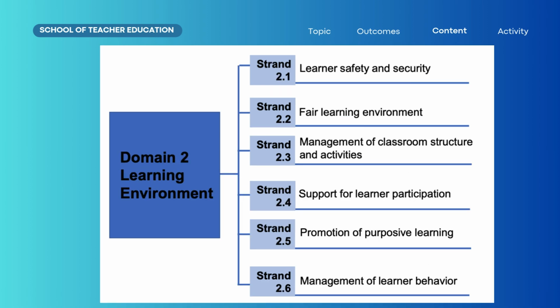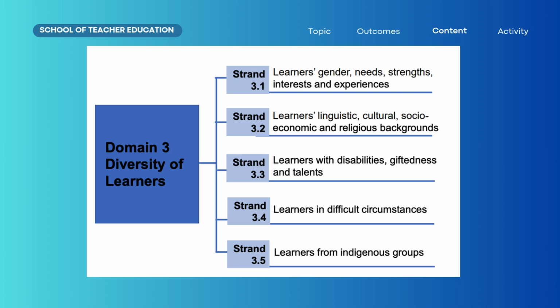Domain two, which is learning environment, here we are challenged to make a learner safety and security type of environment, fair learning environment, management of classroom structure and activities, the support for learner participation, the promotion of purposive learning, and of course, the management of learner behavior.